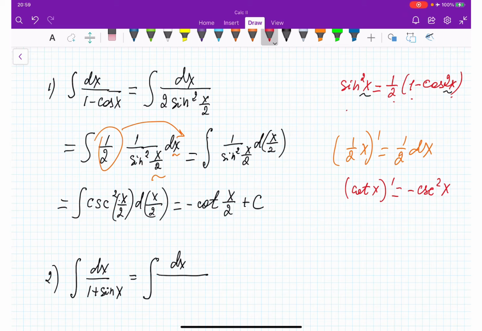And cosine squared x, I have 1/2 (1 plus cosine 2x). As you can see, I don't have a combination formula related to 1 plus sine x.